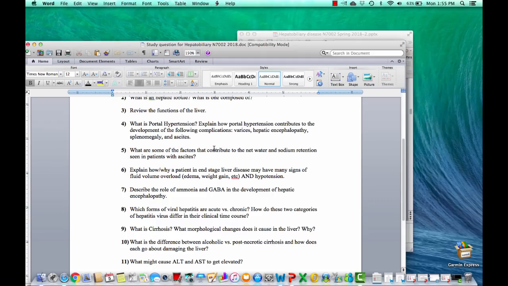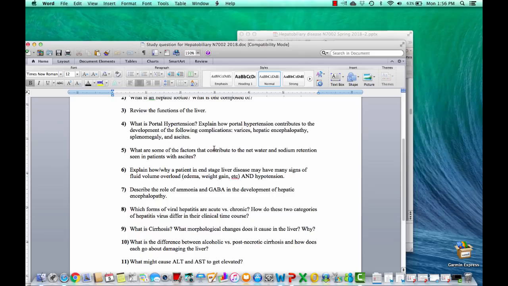So, what are the forms of hepatitis that produce acute illness? A and E, and a very small percentage of patients who get B. Okay. Now, the rest of the patients who get B are going to have a chronic illness, okay, which may or may not lead to cirrhosis.